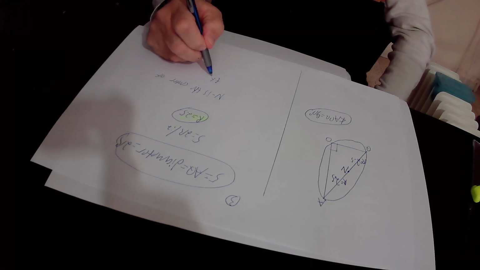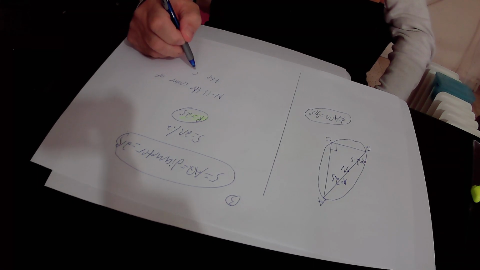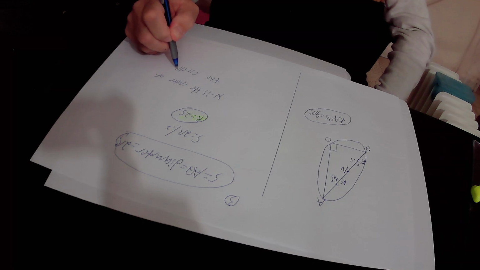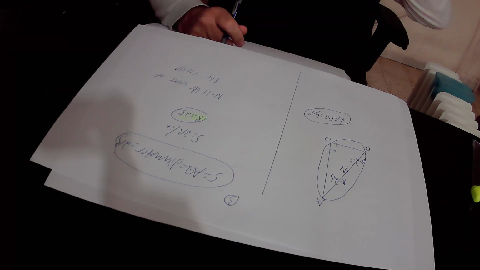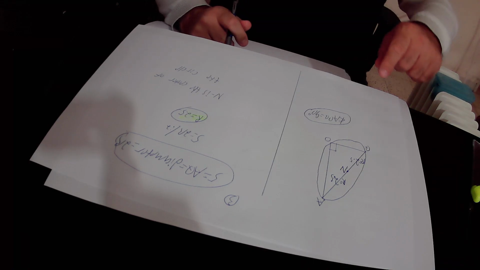Another reason that point N is the center of the circle is that the center of any circle is at a point where the two radii touch each other.